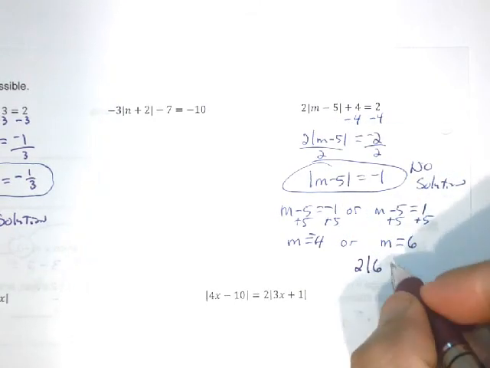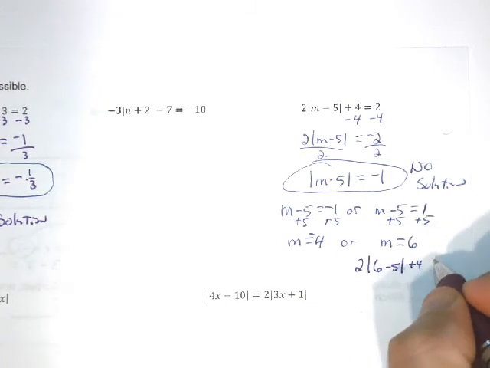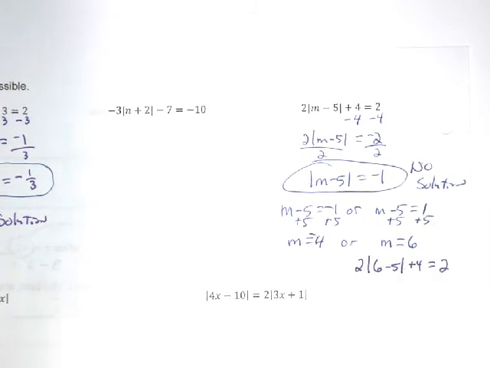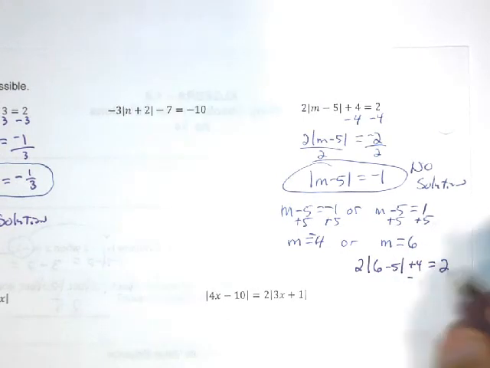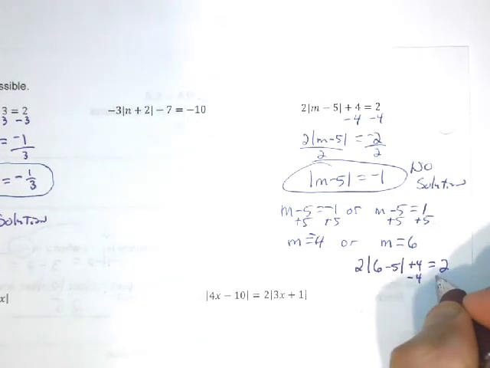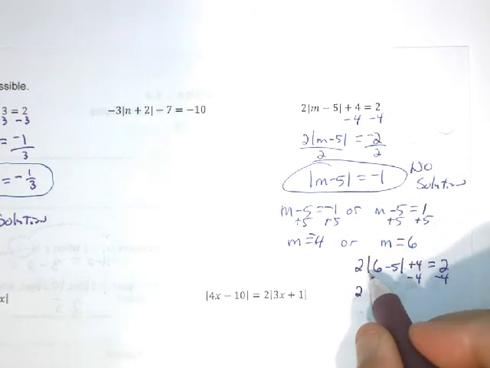So again, I go back to my original equation, plug in my 6 minus my 5 plus my 4. All that equals 2. Again, a couple ways you can go through this. I'm going to subtract my 4 first, and then maybe I do a little cleanup in my head here.